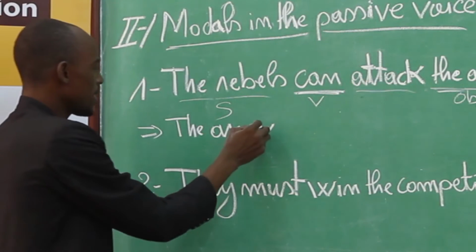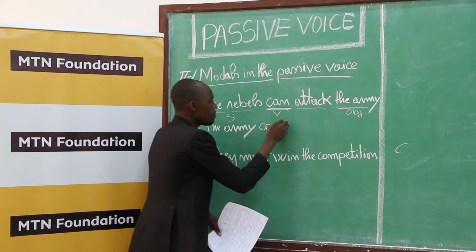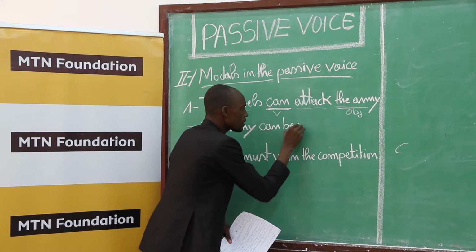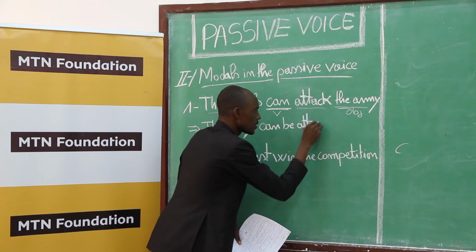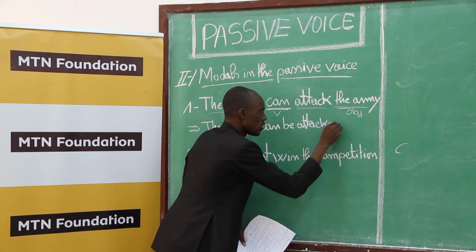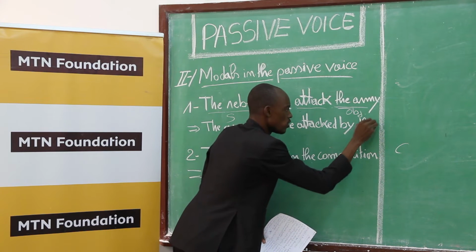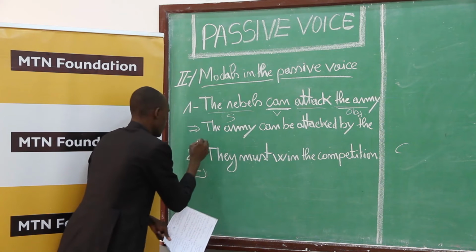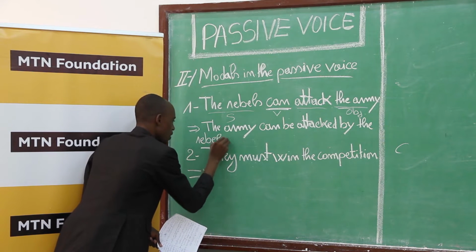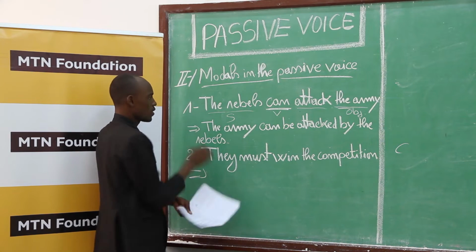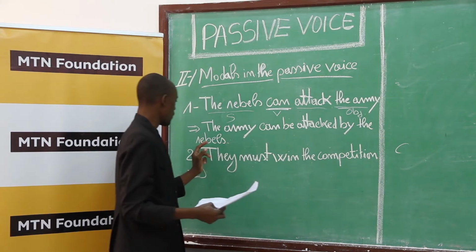After the subject, the army can be attacked by the rebels. Good. The army can be attacked by the rebels.